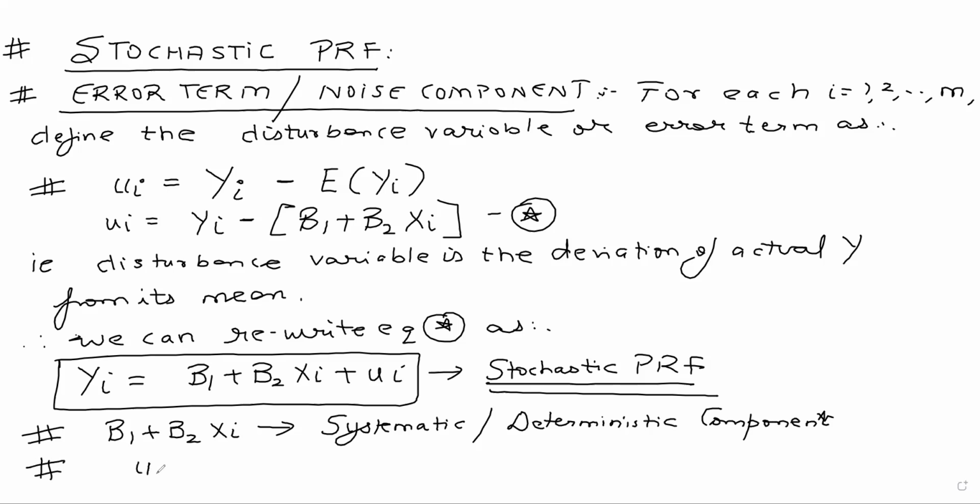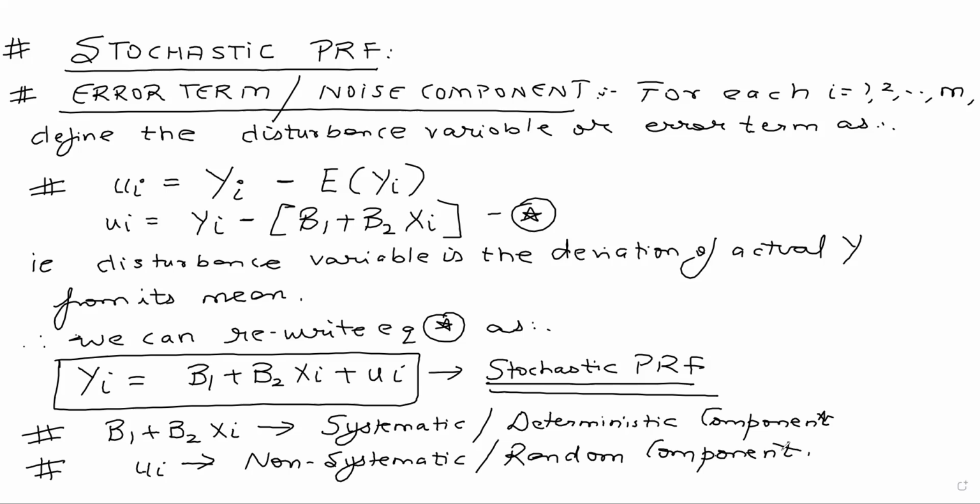And ui, what is ui? Ui is the non-systematic or also called the random component of the stochastic population regression function. So in the last lecture, when we had done the non-stochastic population regression function, it did not contain the error term.